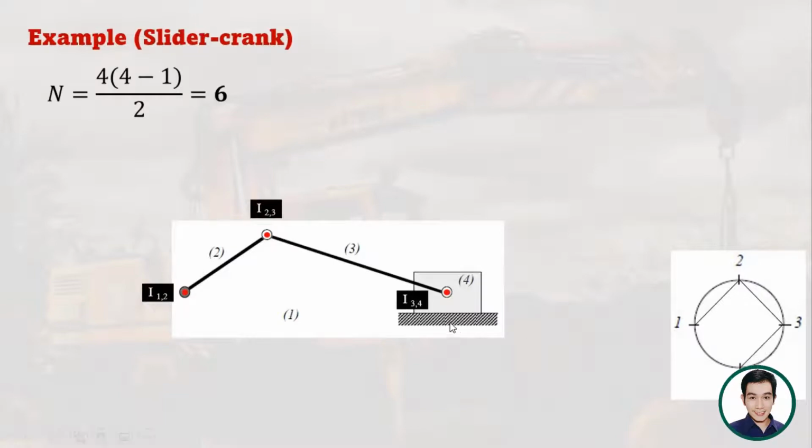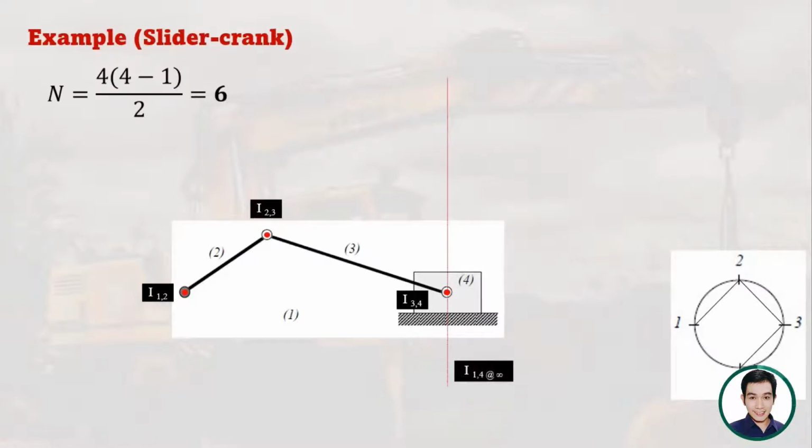So for the ground, as you can see, the connection between 1 and 4 is actually infinite because this slider here is connected all the time to the ground. So that's why, if that is the case, the IC is actually a line which has an infinite number. So this is how you draw it if it is a slider on the ground.